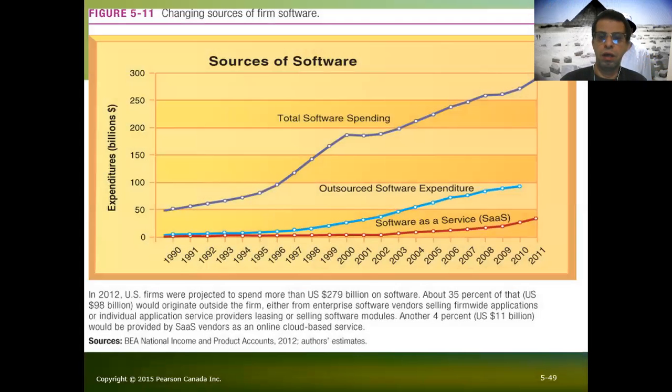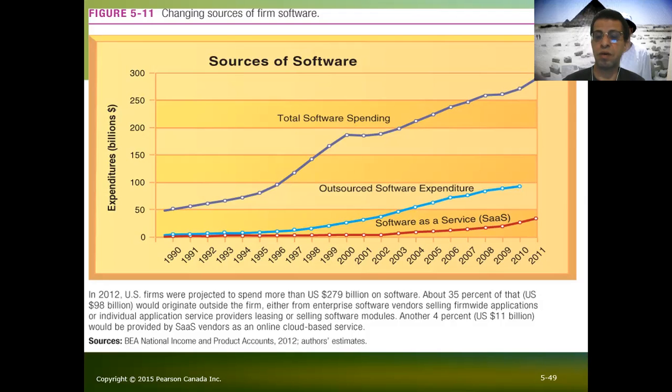Overall, talking about sources of software and expenditure in $1 billion. In 2011, we're talking about around $300 billion was spent.